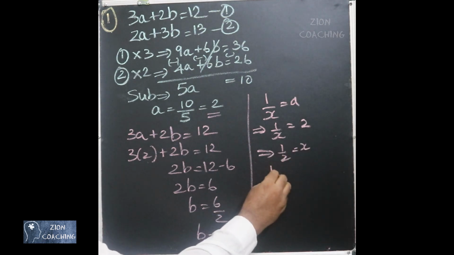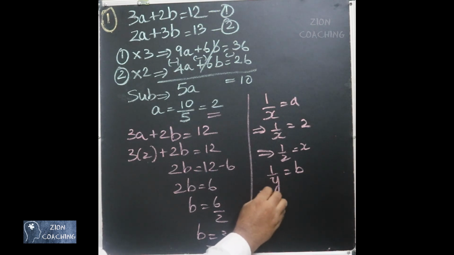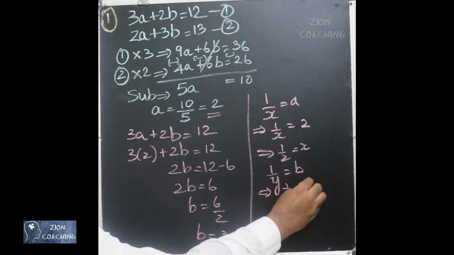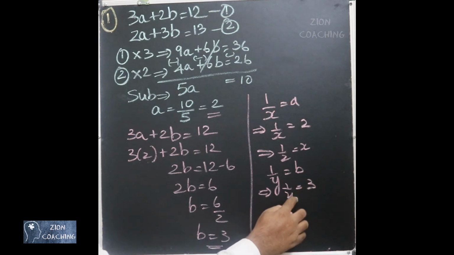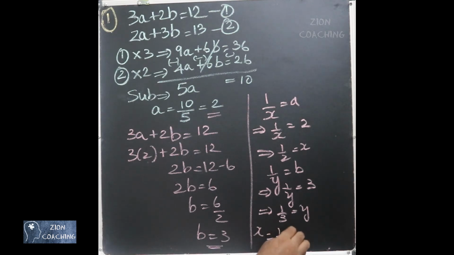Then we have 1 by y equal to b. 1 by y value, we have found b value to be 3. Bring this 3 to this side, take y to the other side, then you will get 1 by 3 equal to y. So we have found both x and y values. X is equal to 1 by 2, y is equal to 1 by 3.